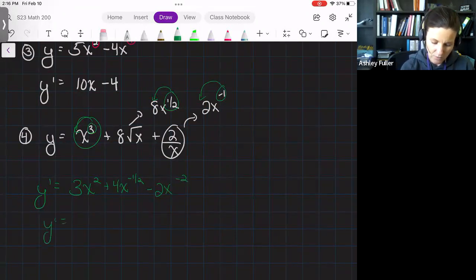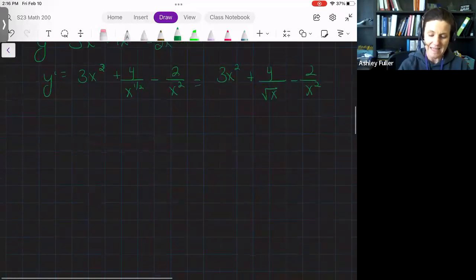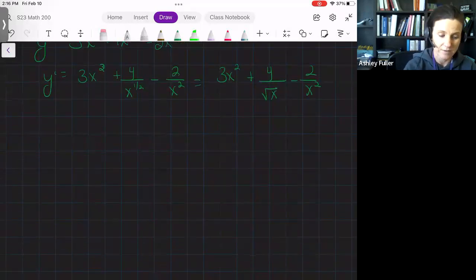And then we can rewrite these as 3x squared plus 4 over x to the 1/2 to get rid of the negative exponent, minus 2 over x squared. And then finally, we can even adjust that x to the 1/2 to be the square root of x, minus 2 over x squared.